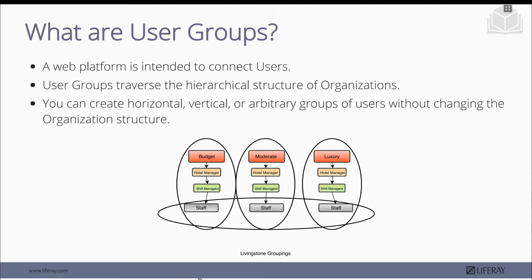So let's go ahead and talk about user groups. So user groups, first and foremost, is a way to connect our different users in a single place. The terminology that we use is user groups transcend the hierarchical structure of organizations, or they traverse them.